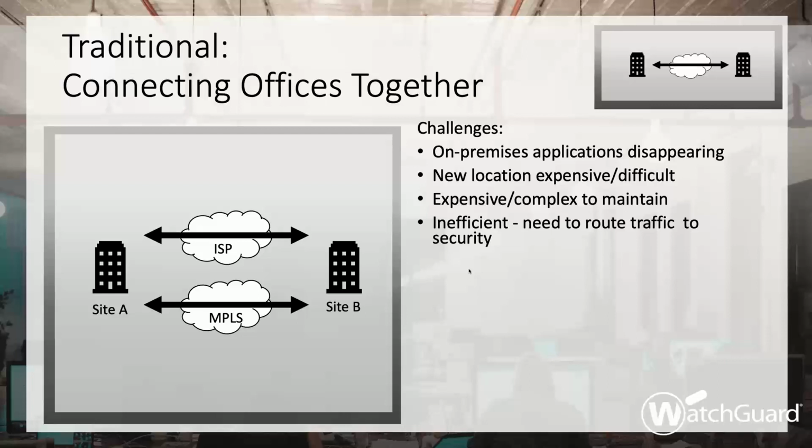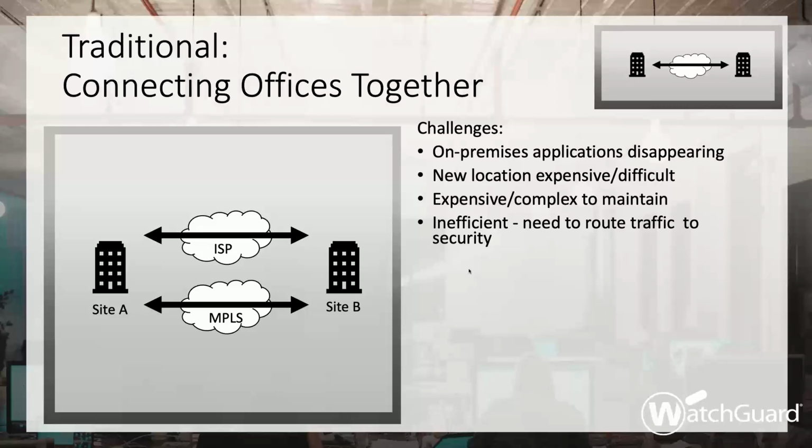It's difficult to maintain, right? We hear a lot about configuration issues and how a lot of security breaches are really driven by complexity. The more complex your network is, the more expensive it is for you as an MSP or your customer to maintain, and it will translate into some security implications as well. And then it just becomes inefficient, right?